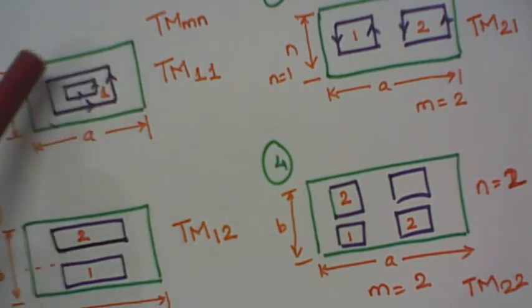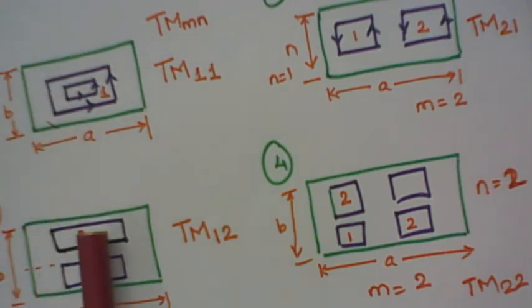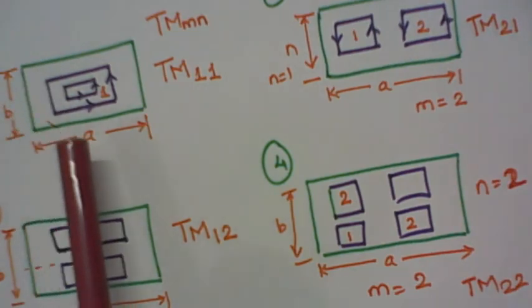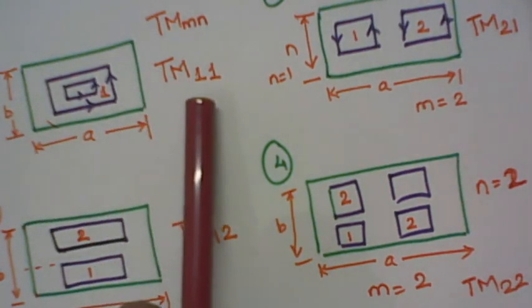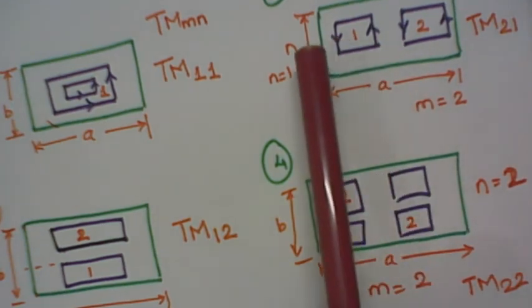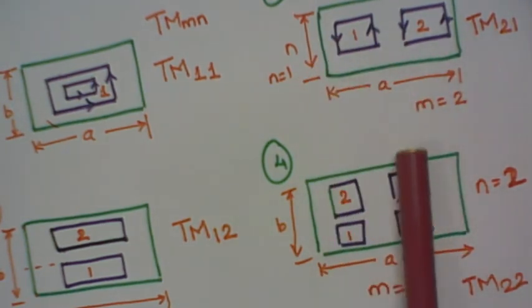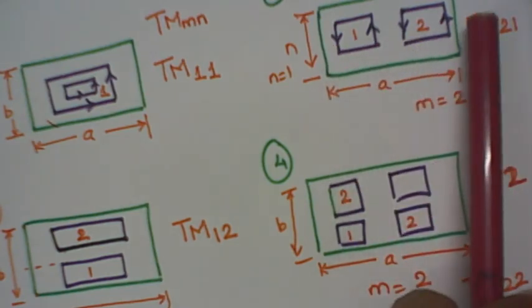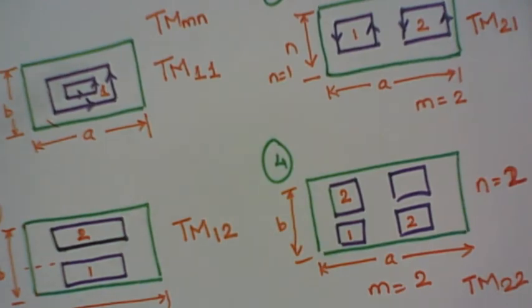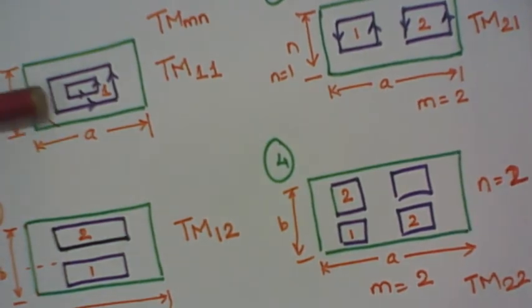So here what you are observing is that if I am looking from the broader dimension and I find only one loop variation, then I represent m value equal to 1. If I find two loops, then m equals 2. Similarly, looking from here in the narrower dimension, if I find one loop then n equal to 1.